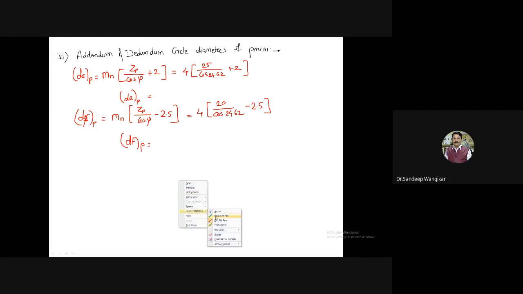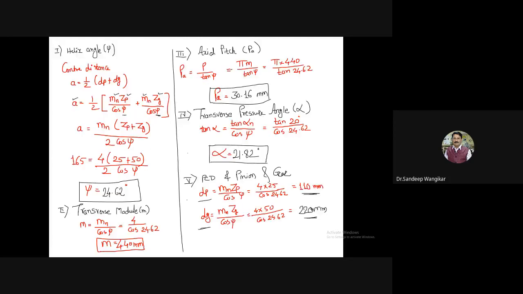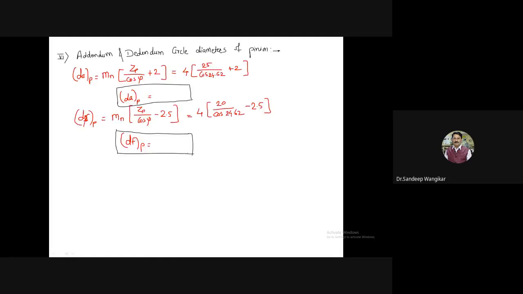Tell me the answers for pinion, the addendum circle diameter and dedendum circle diameter for pinion.